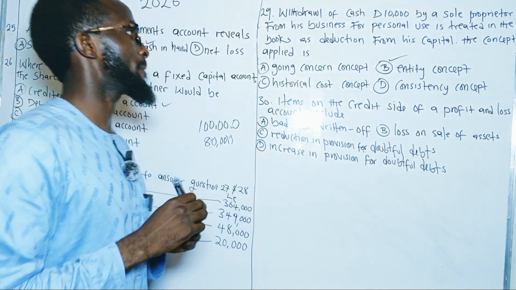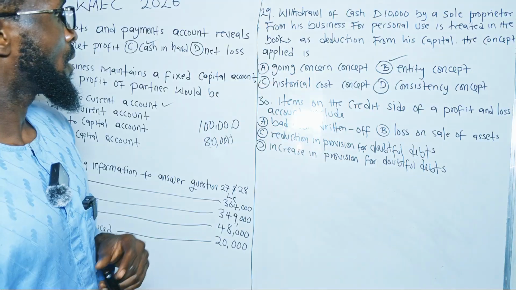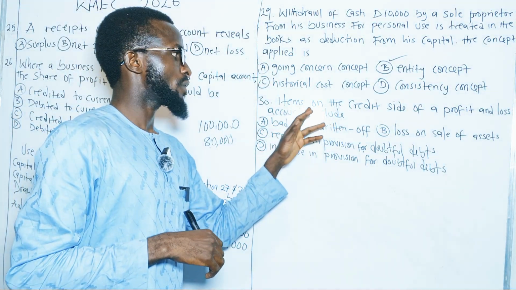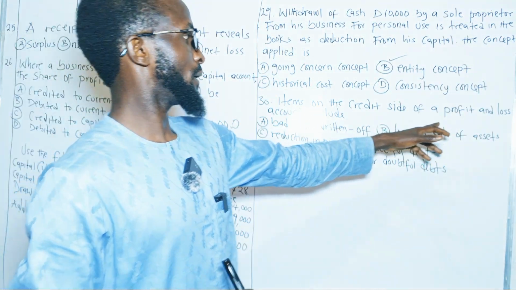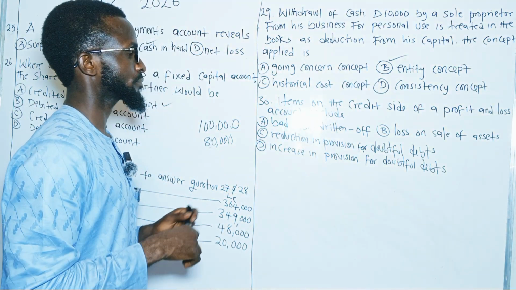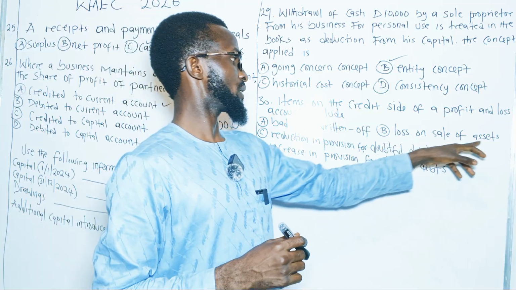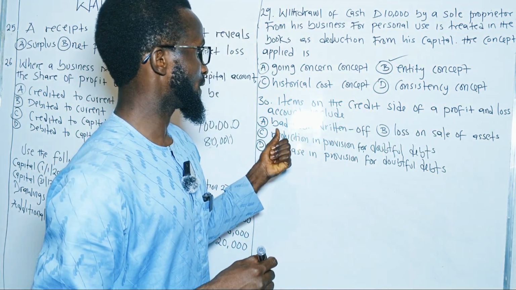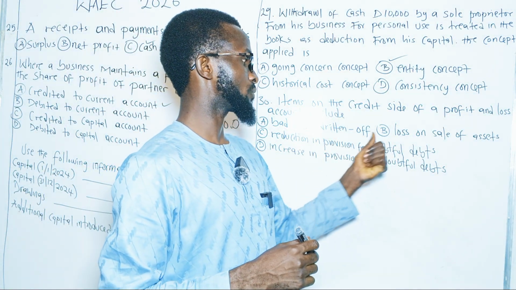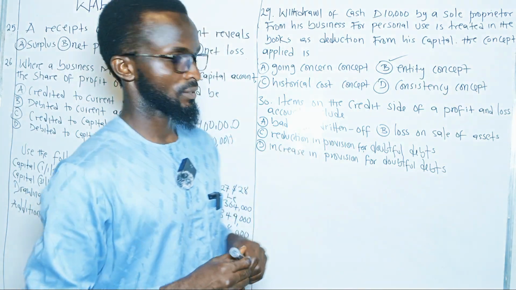This is our answer, B, entity concept. Items on the credit side of a profit and loss account include A, bad debt written off, B, loss on sales of assets, C, reduction in provision for doubtful debt, D, increase in provision for doubtful debt.